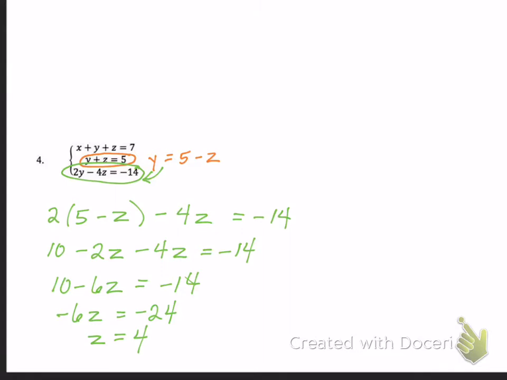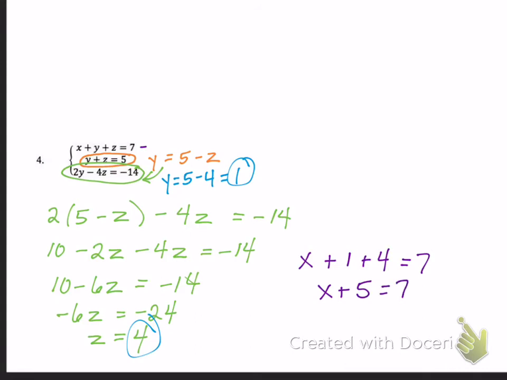So then if z equals 4, what can I do now? Y equals 1. How'd you get that? Yes, so 5 minus 4 equals 1. So I've got 4 and I've got 1. I'm going to plug them both into the top equation. So x plus 1 plus 4 equals 7. So you should get 2, 1, 4.